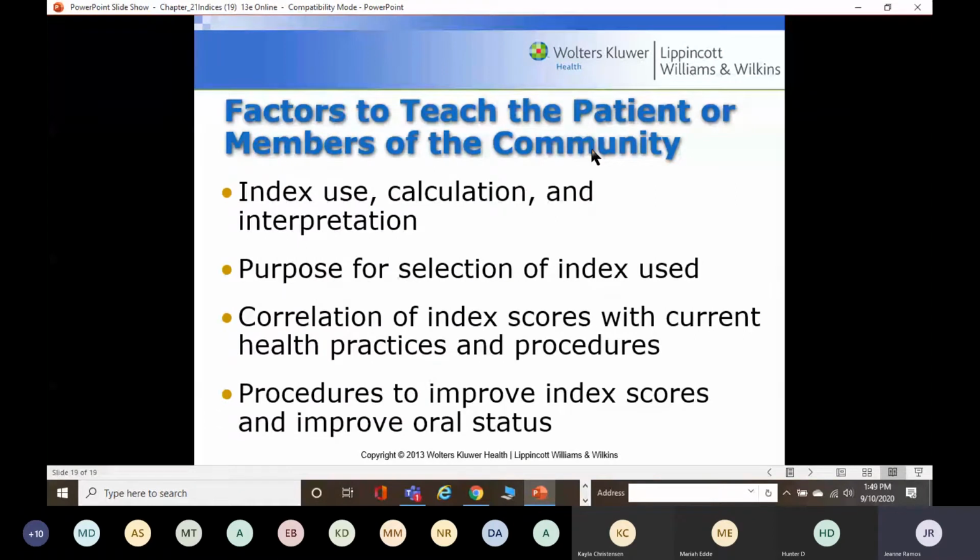So factors to teach the patient, we would want to tell them why we are going to be putting a staining solution on their teeth. Most people have heard of this before, but we do have people from other countries that come into our clinic that may not be aware.